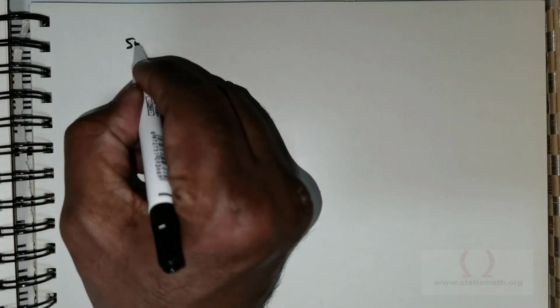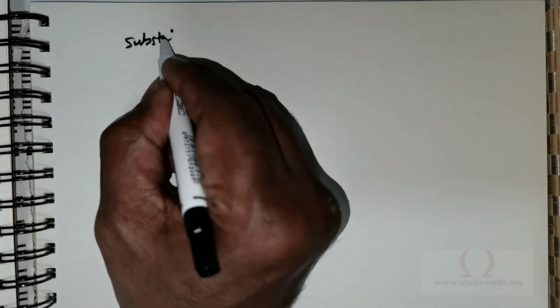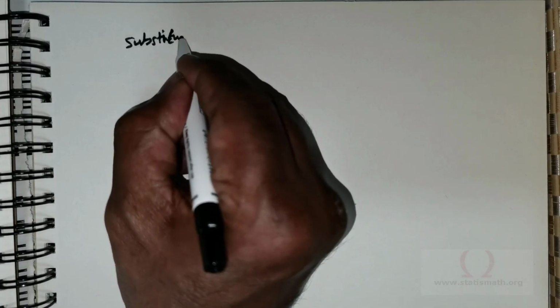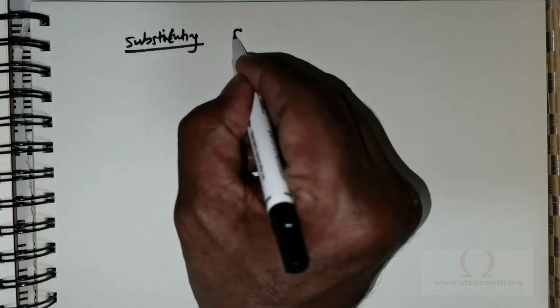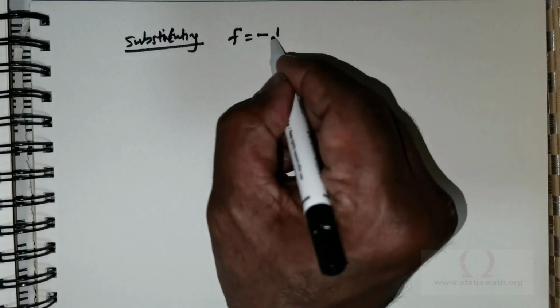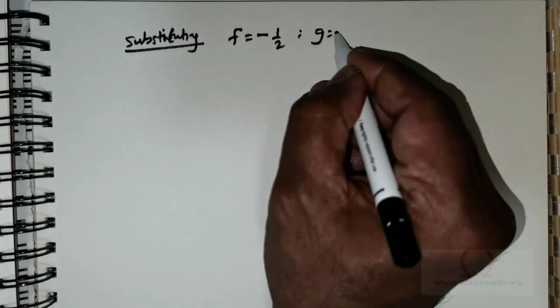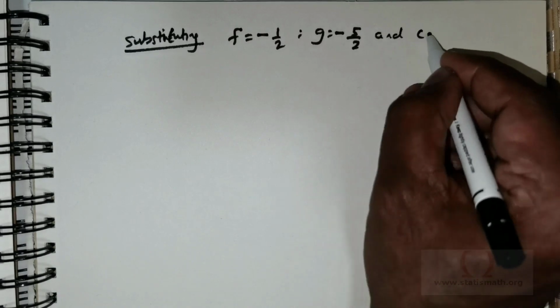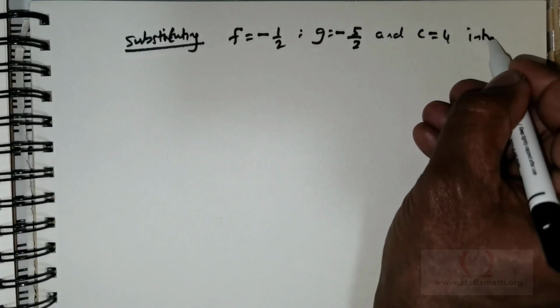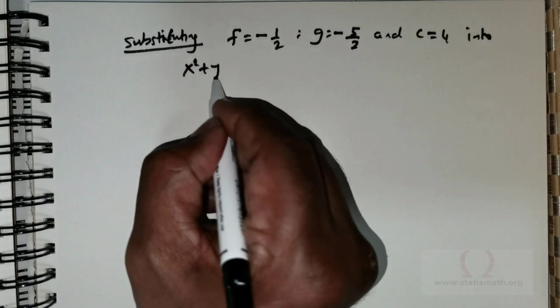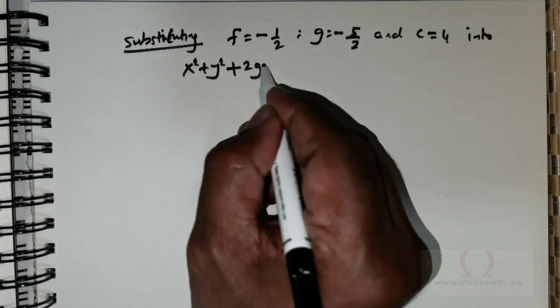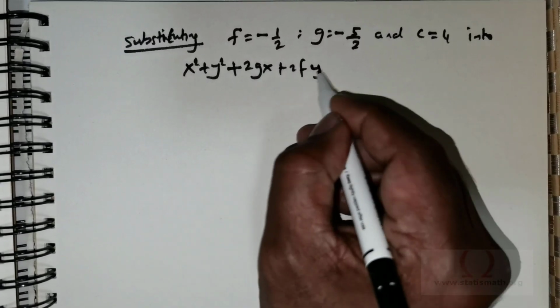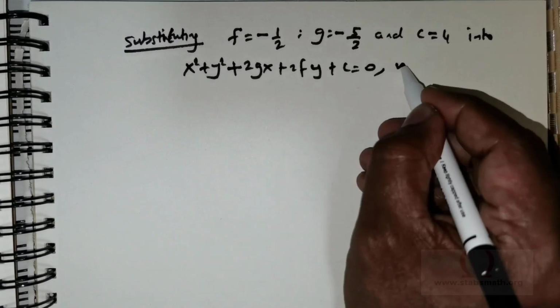So substituting f to be equal to negative 1 over 2, g to be equal to negative 5 over 2, and c to be equal to 4 into x squared plus y squared plus 2gx plus 2fy plus c is equal to 0.